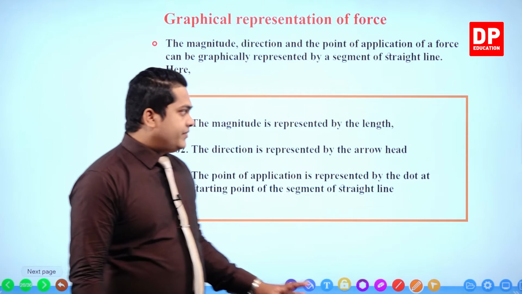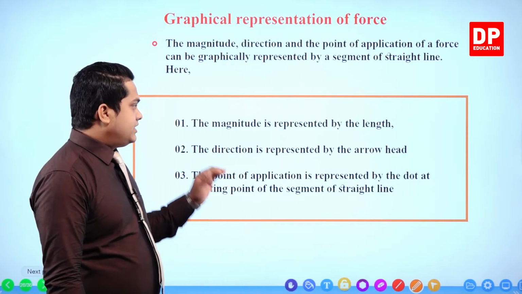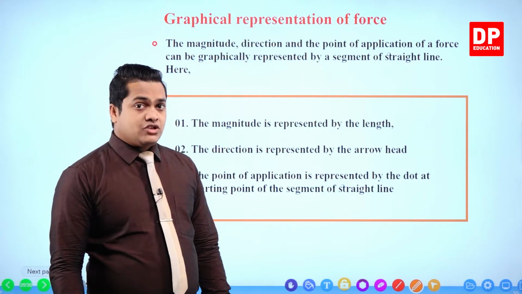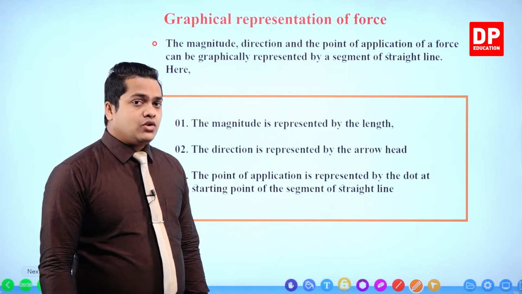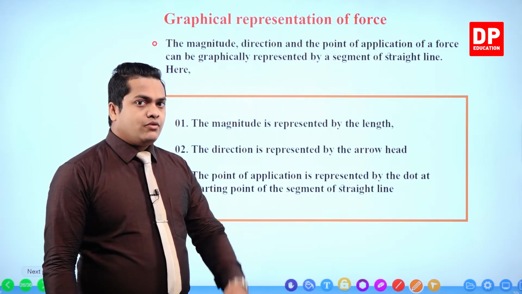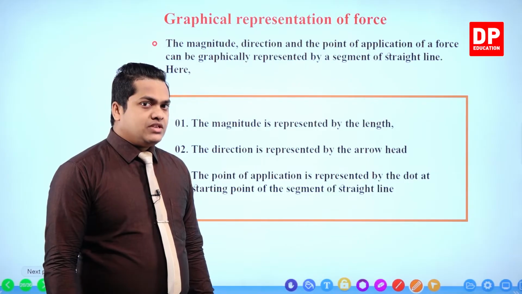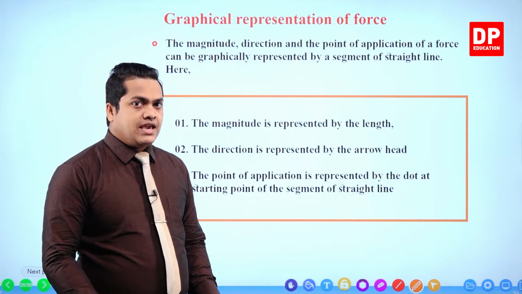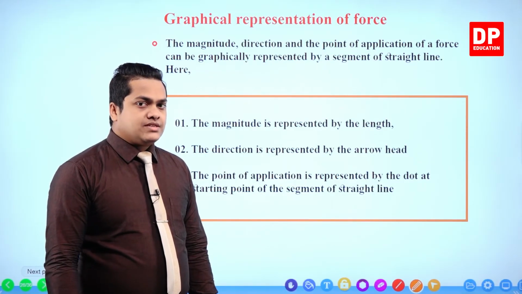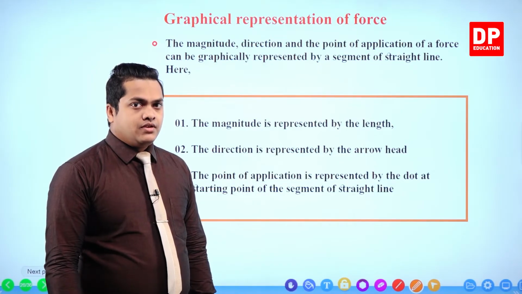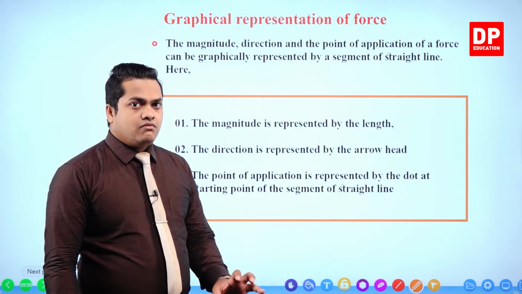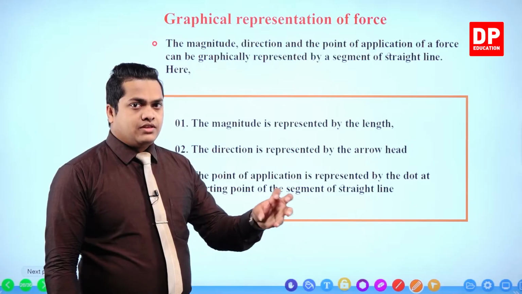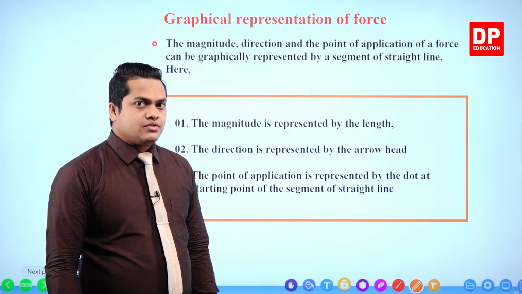So once again, the three cases are indicated like this. We use the length of the straight line segment to indicate the magnitude of the force. Here we are using a small scale, like 1 Newton equals 1 centimeter, 2 Newtons equal 2 centimeters.